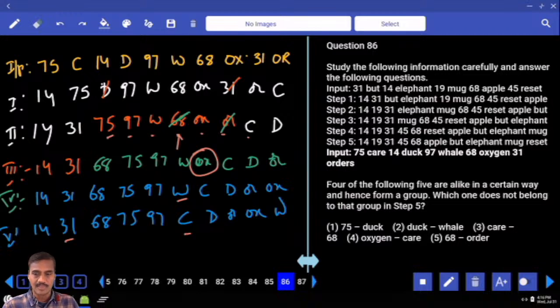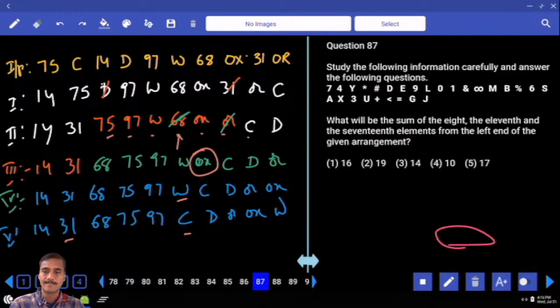Oxygen and C. Here again 2 elements in between. 68 and OR, how many elements? 5 elements. Except choice 5, in the remaining there are exactly 2 elements in between these two. So choice 5 for 86. Then 87 onwards, 87 to 89.